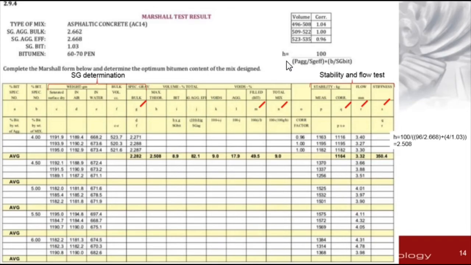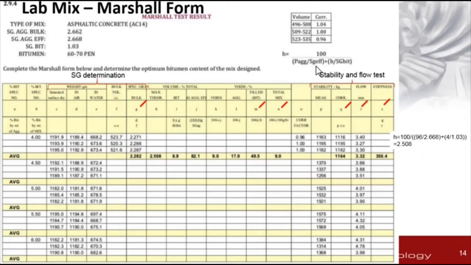Okay, let's try once for the calculation of column H. It's TMD. Based on the formula given, H is the value of the TMD, and then 100 divided by P aggregate. P aggregate is referred to the percentage of aggregate. In this case, the trial bitumen content is 4%. 100 minus 4% is equal to 96% of aggregate content.